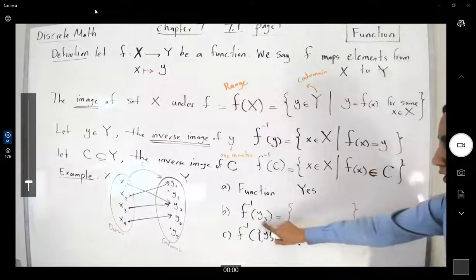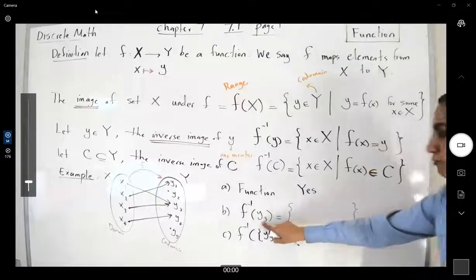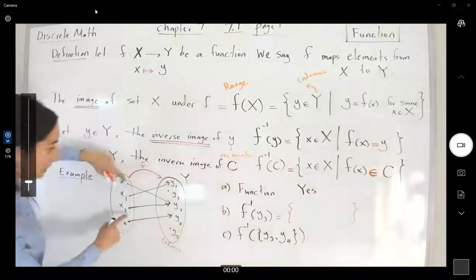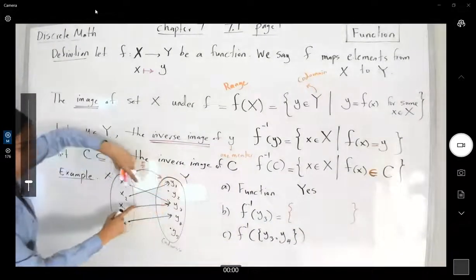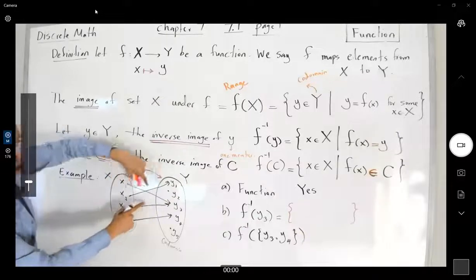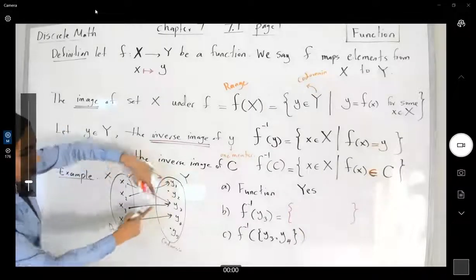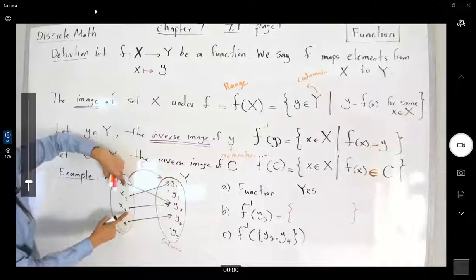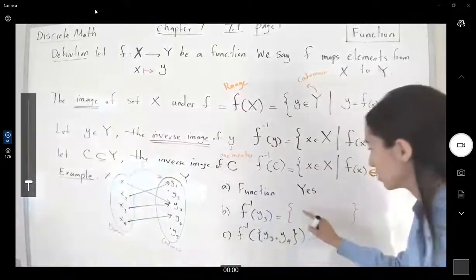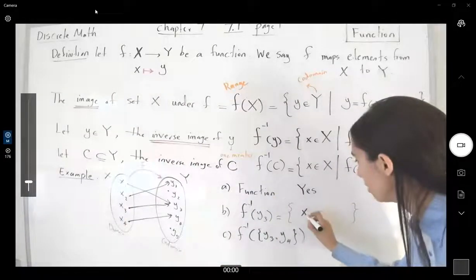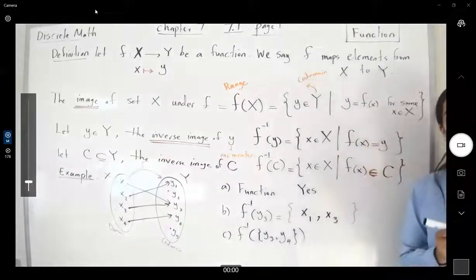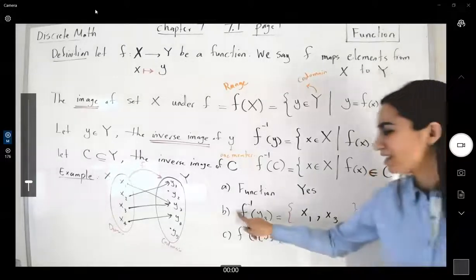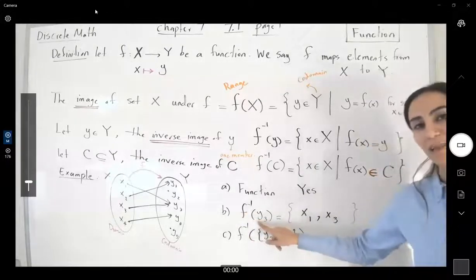So what is my y here? My one element is y3. What are the elements in x that are mapped into y3? The elements in the domain that are mapped into y3 are two elements, x1 and x sub 3. So using set notation, the set of all elements: x1, comma, x sub 3. Well, that is the inverse image of one element.